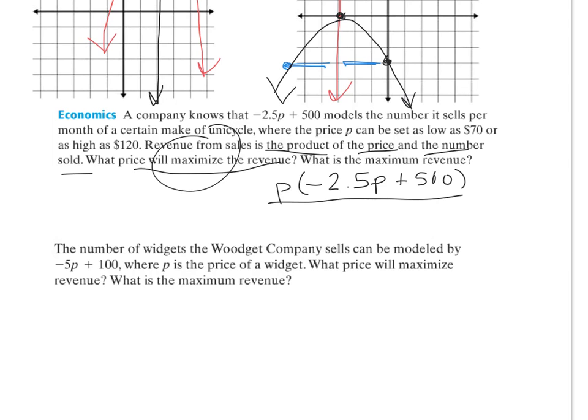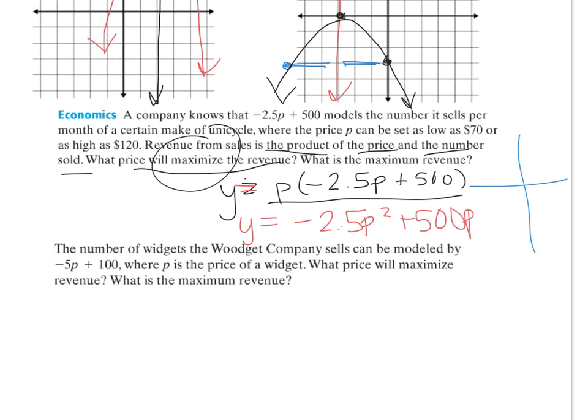This right here is going to be a quadratic. So the quadratic in standard form is going to be negative 2.5p squared plus 500p. So we know that this quadratic opens down. We know the y-intercept is 0, so it looks something like this. And I only did the first quadrant because we're talking about positives here.